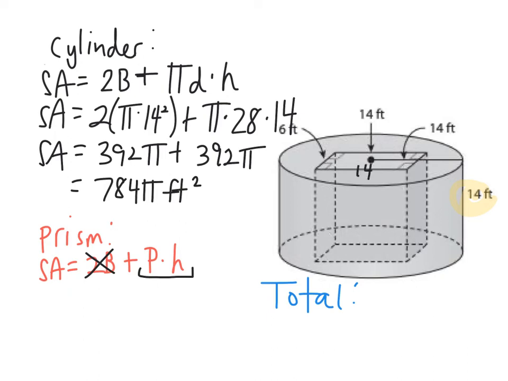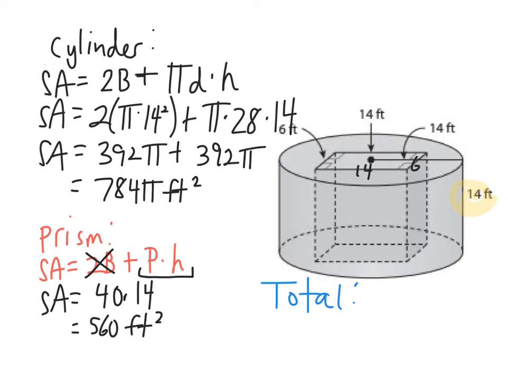That's 14, that's 6. If you add those 4 sides together, you will get 40. And the height of that prism is still 14. 40 times 14 equals 560 square feet.